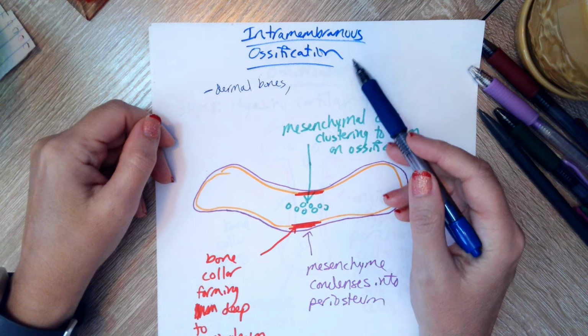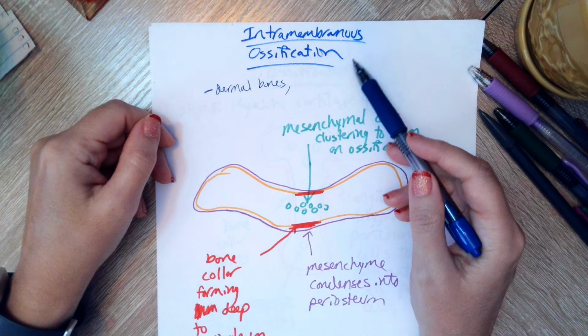First we have to remember the word mesenchyme. Remember, the mesenchyme is the collection of stem cell tissue that you'll find in connective tissue. When we talk about stem cells for bone, we mean osteoprogenitors.